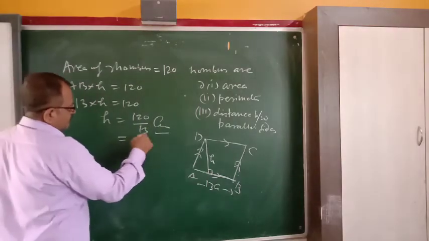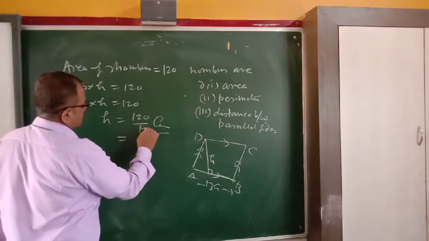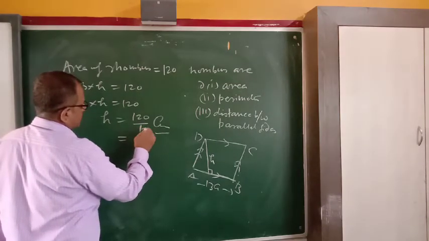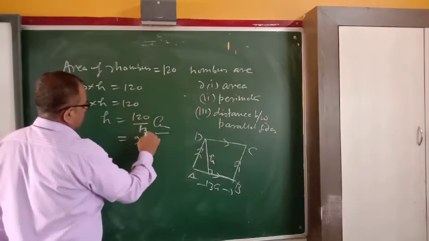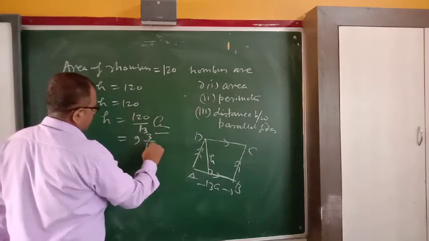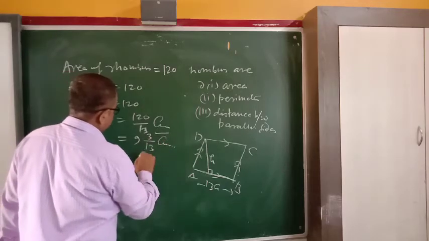We can change it into mixed fraction. 13 9s are 117, 3 remaining, so 9 whole 3 by 13 centimeter.